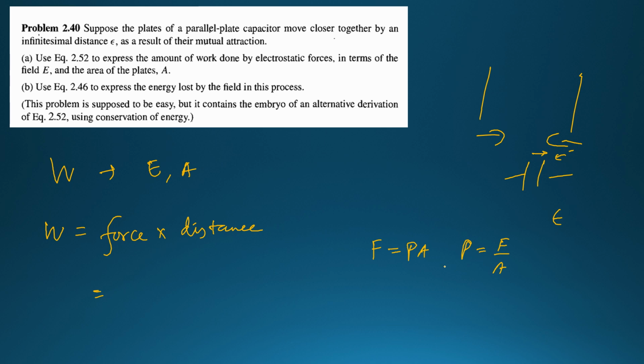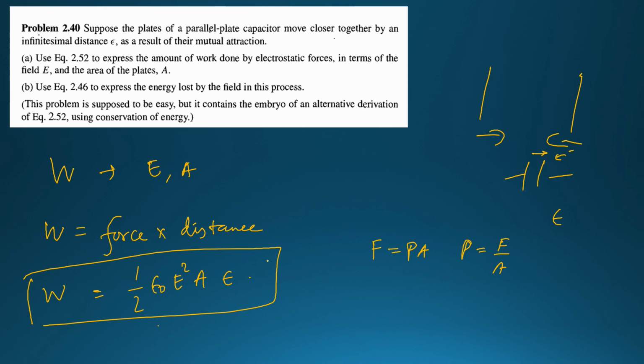We know the expression of pressure, so from that I can write half epsilon naught E square A into epsilon. That's it. This is the final expression for the work. See how easy it is. Just need to remember the formulas, and you can solve everything.